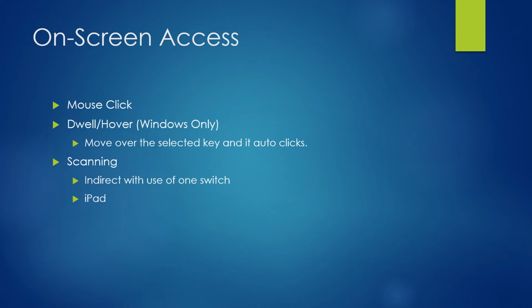The third option is scanning, which is an indirect method of typing in which the computer automatically runs through the keyboard, and when the key that you want is visible, you would hit a switch. And I'll go over that in the next video. Just an FYI, on an iPad, you can also click directly by tapping on the screen, and you can even scan using one or two switches, the on-screen keyboard, to type.